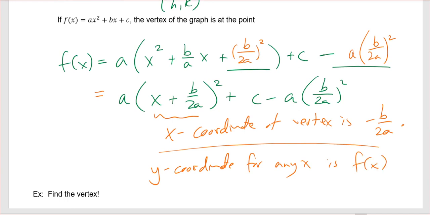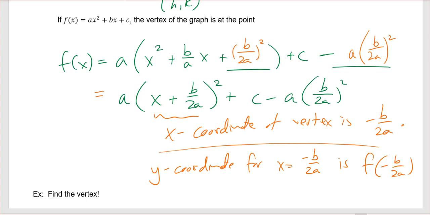So we just plug that point in there, right? X comma f of x is the ordered pair that would correspond here. So specifically, we can say that the y-coordinate for x equal negative b over 2a is just f of negative b over 2a, right? Just find the function value.